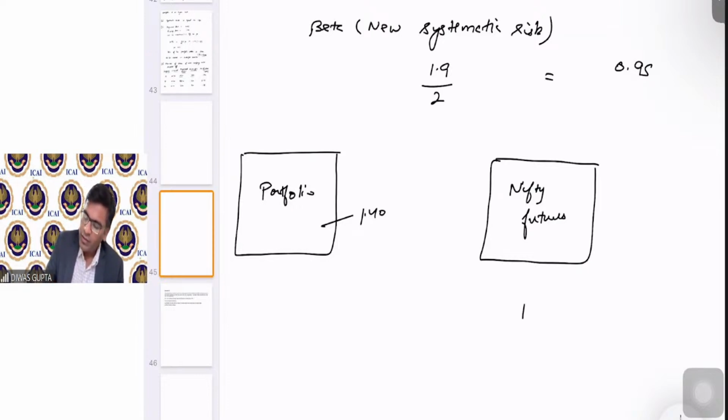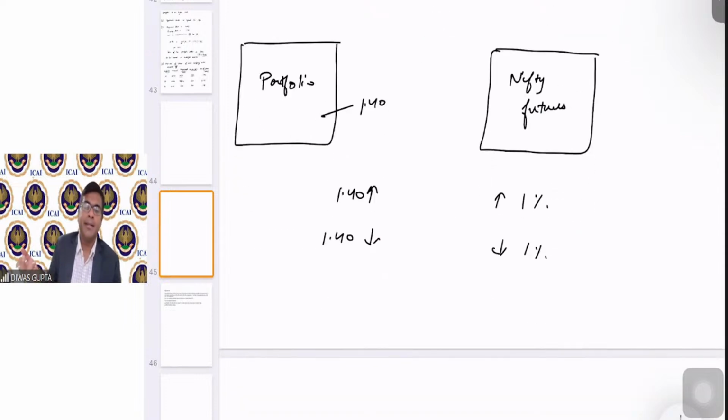If Nifty futures rise by 1%, portfolio will rise by 1.4%. If Nifty futures goes down by 1%, the portfolio will also go down by 1.40%. So it will go into the multiples. And let's say 2%, then it will also go up by 2.80 percentage, 1.4 into 2. This is the basic understanding.